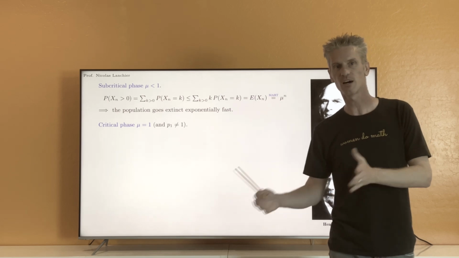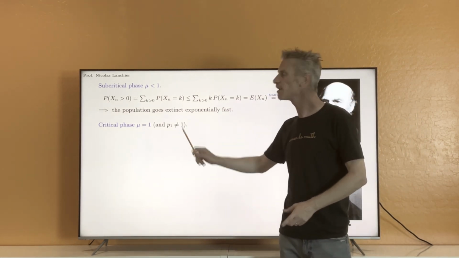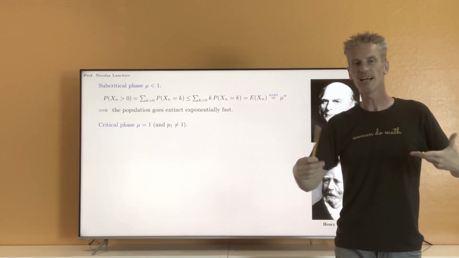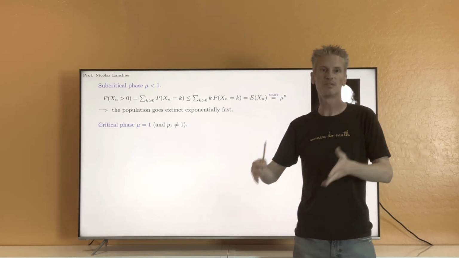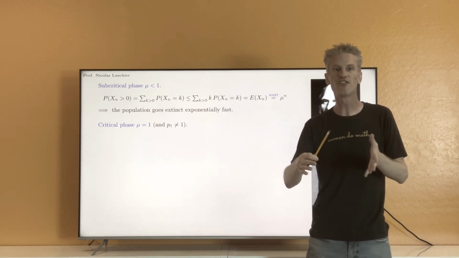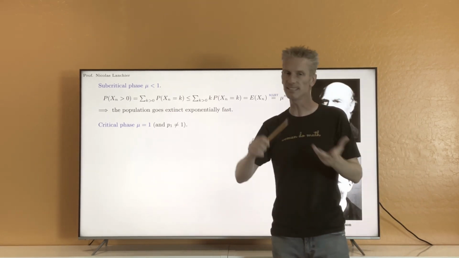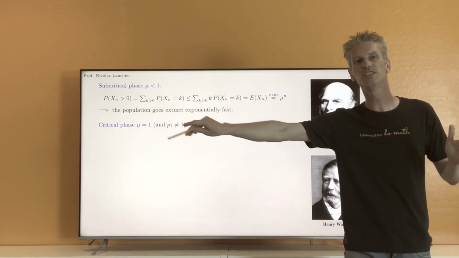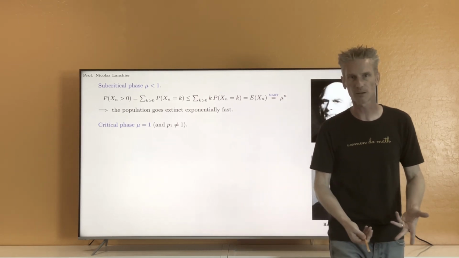These are the terms of a probability mass function that add up to 1, so saying that P1 equals 1 means that all the other pk's are equal to 0. And so that means that at each time step, each individual is going to give birth to exactly one offspring with probability 1. So in this case, if you start with one individual, you are going to have one individual at all time. In some sense, your stochastic process becomes deterministic.